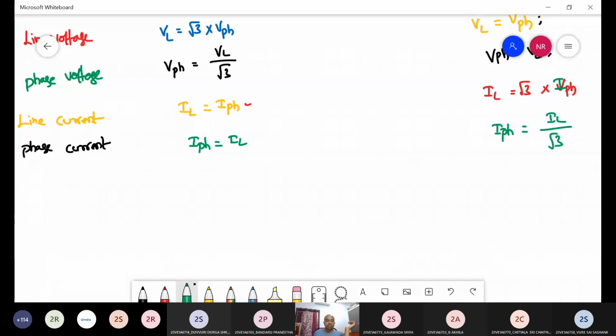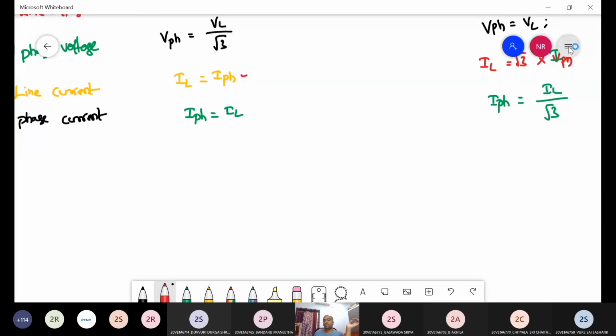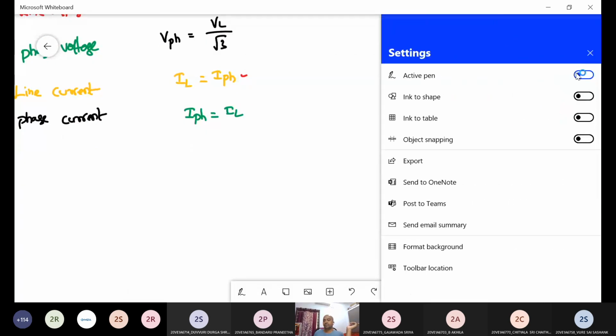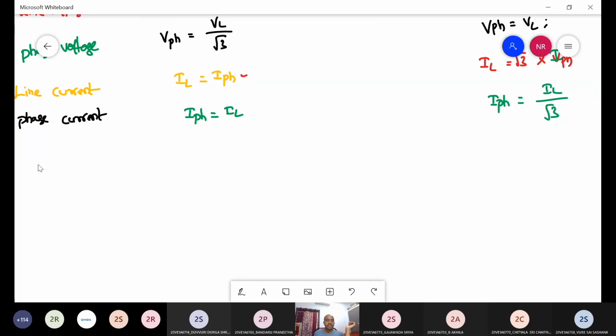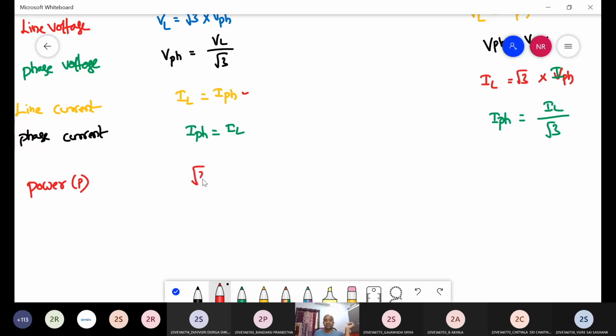Then coming to power in star connection as well as delta connection. Power P is equal to root 3 into VL into IL into cos phi.